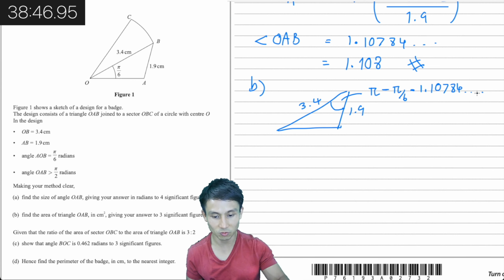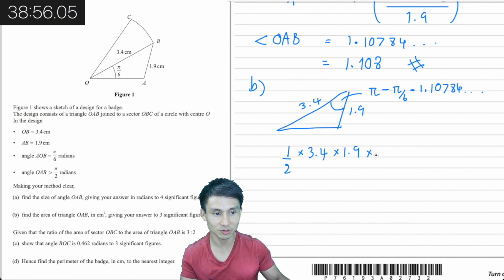So I'm going to store the answer and do 1 over 2 times 3.4 times 1.9 times sine of that angle right there.